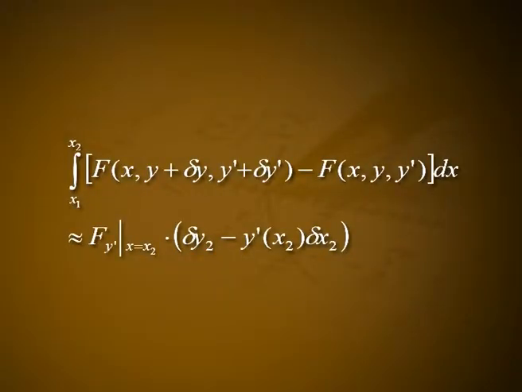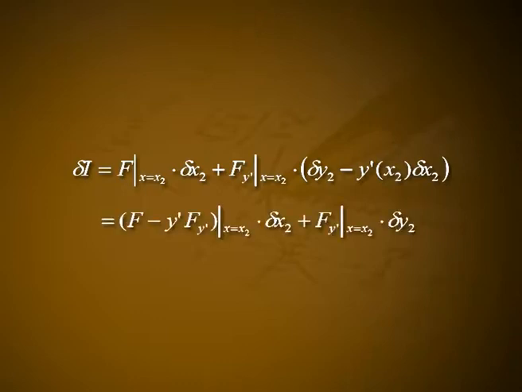This equality is valid within the infinitesimals of higher order. Thus, the integral from x1 to x2 of f(x, y plus delta y, y' plus delta y') minus f(x, y, y') dx is approximately equal to f_y' at x equal to x2 into (delta y2 minus y'(x2) into delta x2).